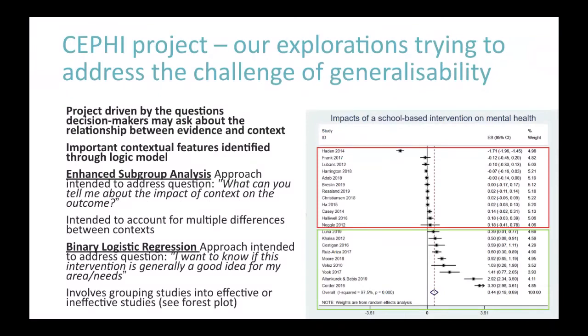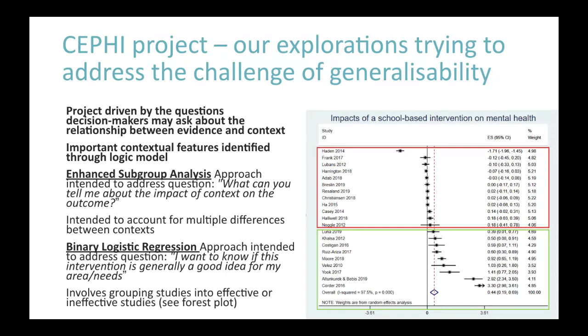Great. So we approached meta-analysis from 2 public health intervention reviews. One of those focused on school-based interventions to help improve mental health outcomes, and the forest plot from that particular review is displayed here.